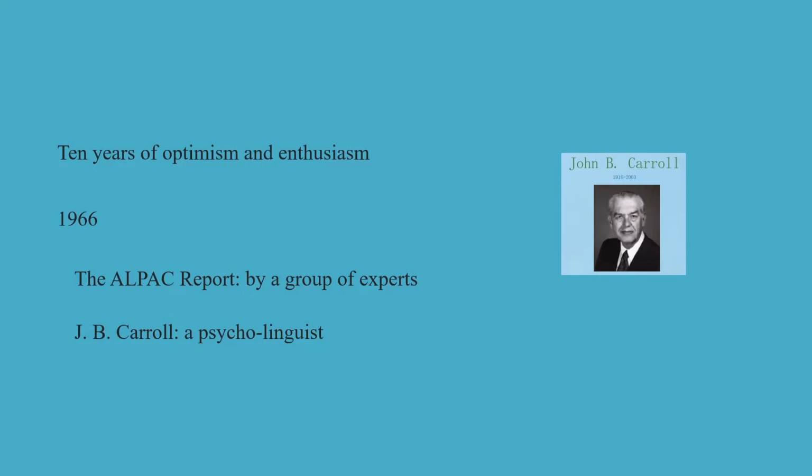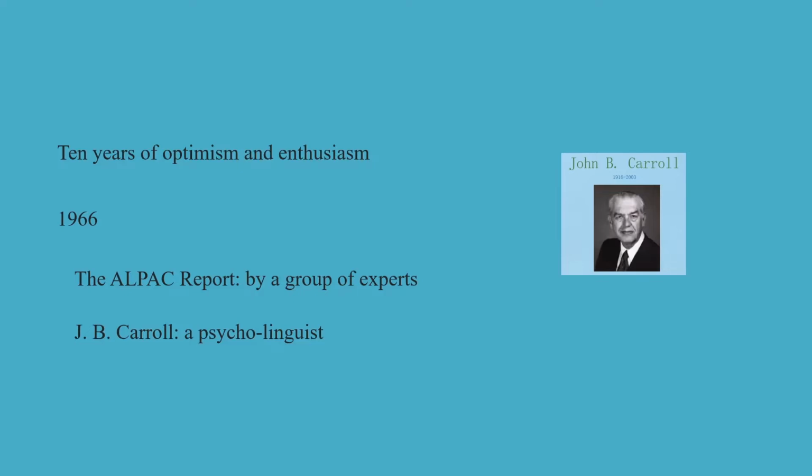In this report, the group of experts led by J.B. Carroll mentioned some examples they used to test the quality of translation output by this first generation of machine translation system. So the examples, they ask the machine to test, to testify the usefulness of this kind of technology.